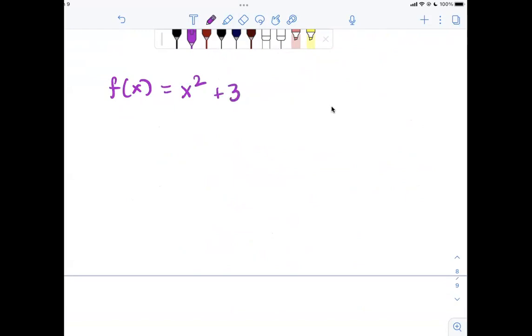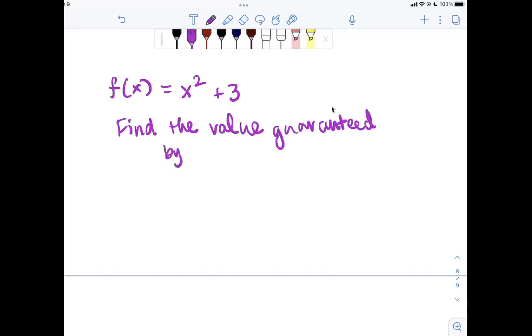All right, find the value guaranteed by the mean value theorem on the interval from 0 to 2. I'll just wait for a moment and then give the answer.